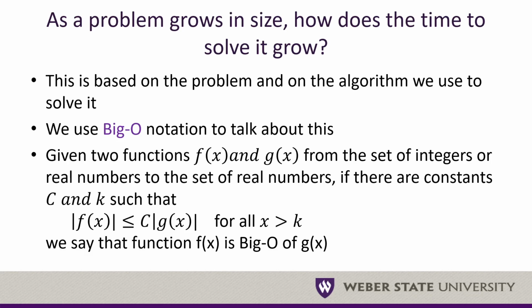And a function g of x from the set of integers to the set of real numbers. Then the big O notation is saying that the size of the f of x function, where f of x would be the time for my computer program to finish, is bound by this other function multiplied by some constant.